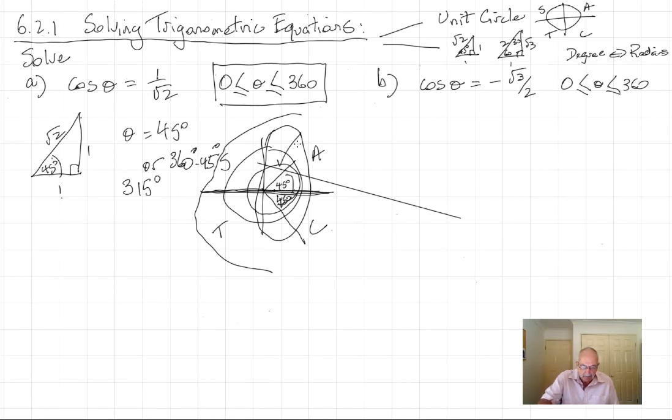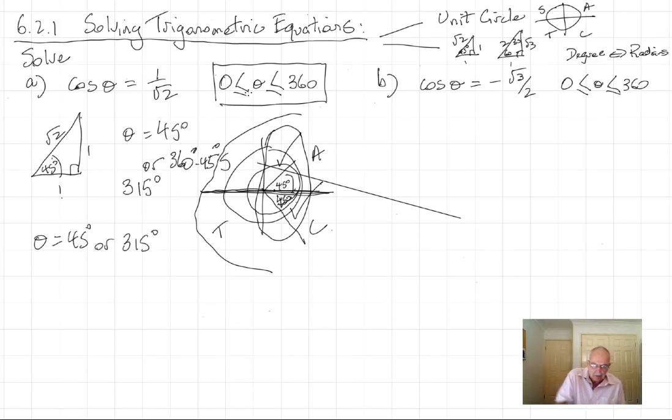So we've got this quadrant here and this quadrant here. So not only in the first quadrant, but also in the fourth quadrant are we going to get an answer. Always work off the x-axis: 45 degrees, or 360 minus 45, which is equal to 315 degrees. So theta equals 45 or 315.